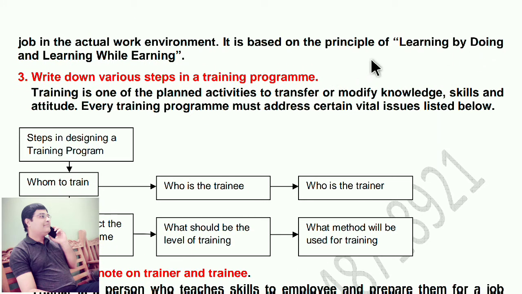It is based on the principle of learning by doing and learning while earning. So, you are doing the work and learning the work, and as you are learning the work, you are earning the money. So that's why it is said learning by doing and learning while earning.